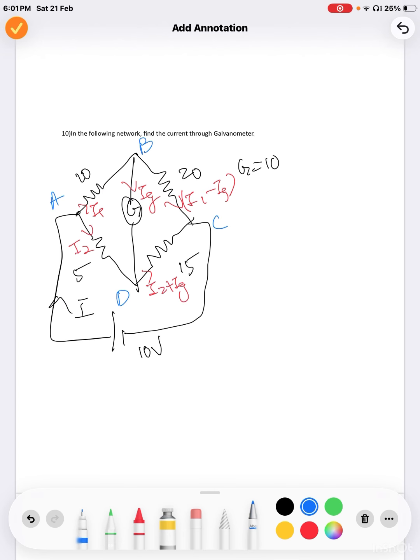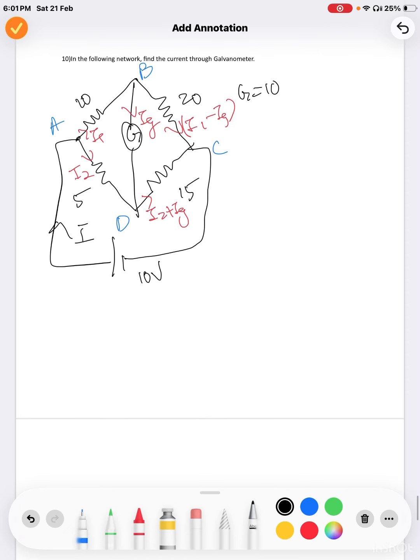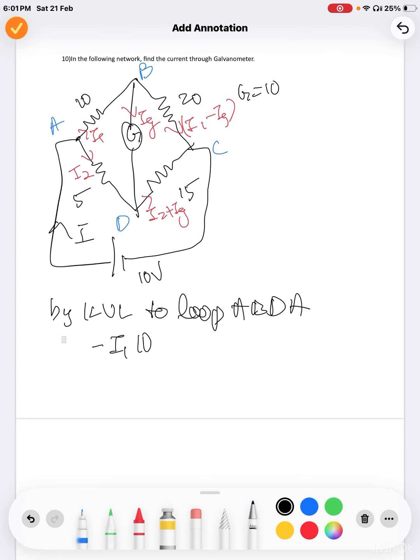Now we have to use here KVL and KCL. So from the first loop, ABDA, applying KVL, we can write: I1 into 10, they are in the same direction, so minus I1 into 10. Next, Ig into G, same direction, so minus Ig into G. G is 10.